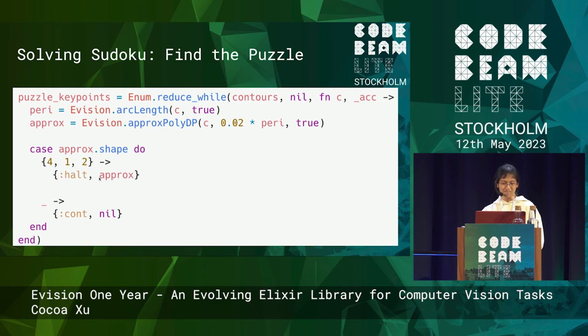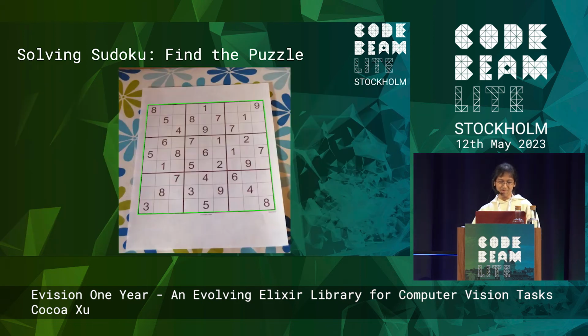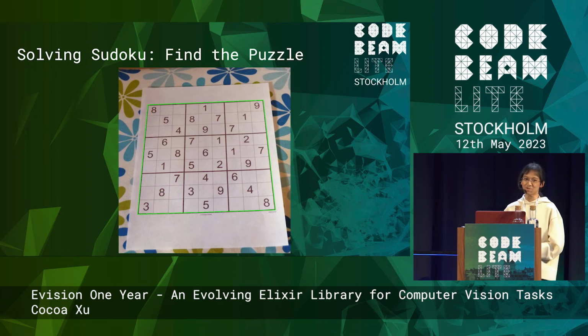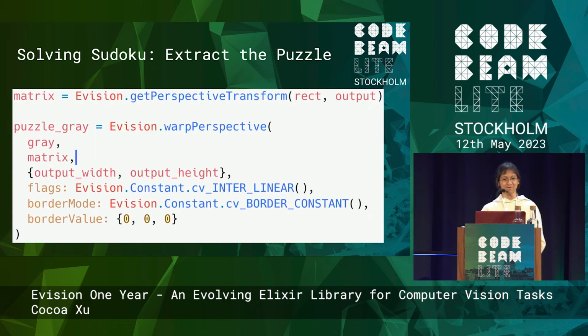And if we find a contour that has this shape, then it means that we probably found the puzzle. And for this example, as you can see, we indeed find this puzzle, and it's in the green box.